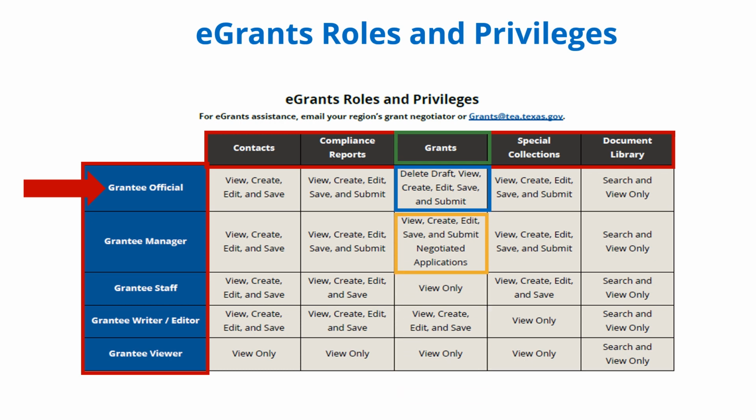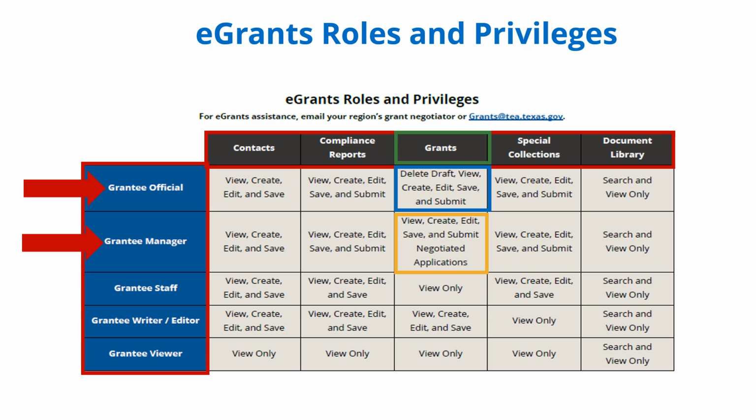If you or your staff need the capability to view, create, edit, and save grant applications, but someone else will review them and submit them on your behalf, the appropriate role is grantee manager. Grantee manager is not able to submit original versions of grant applications that haven't been submitted to TEA.